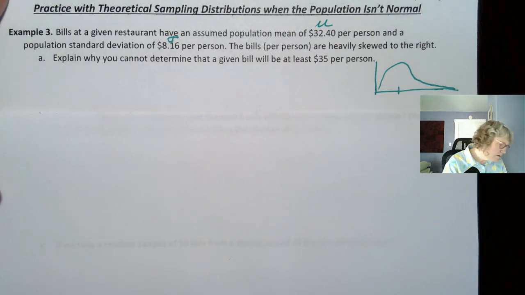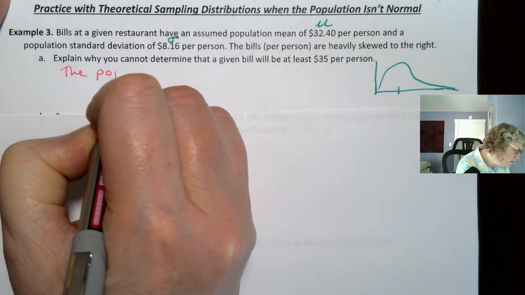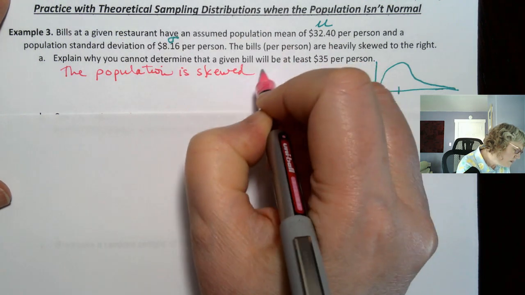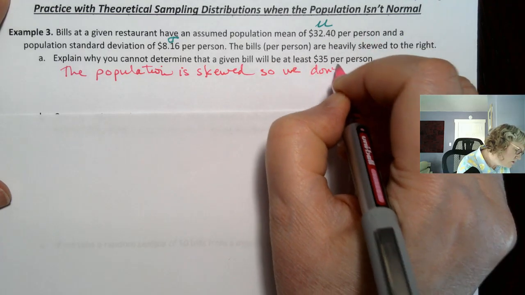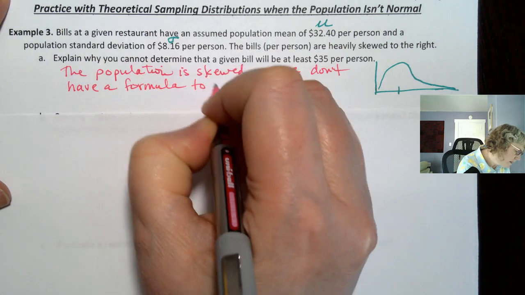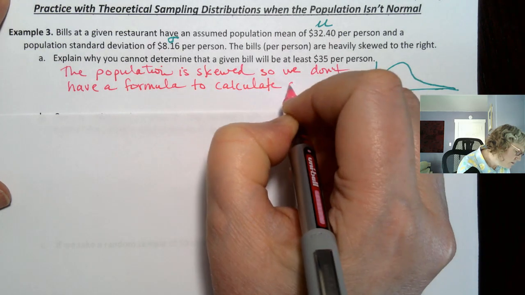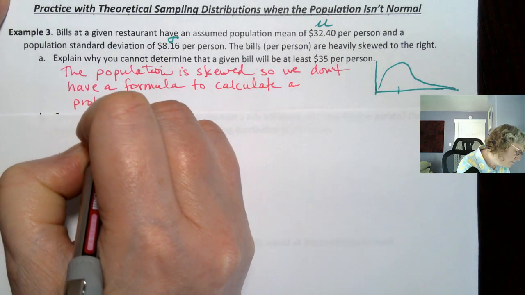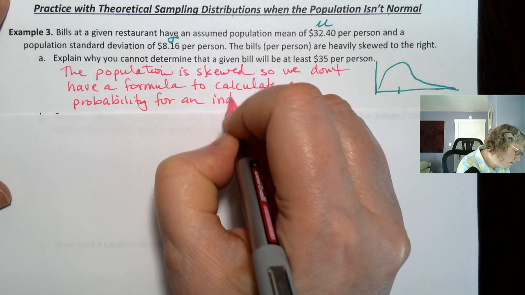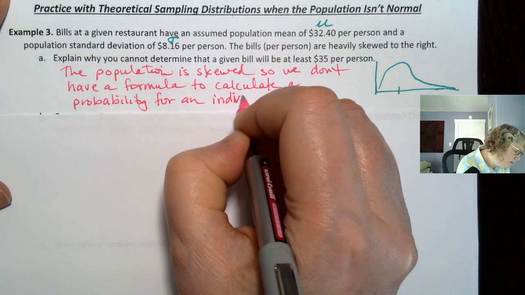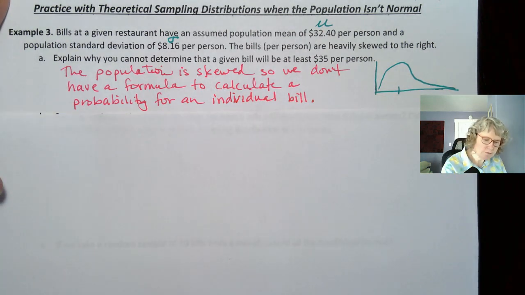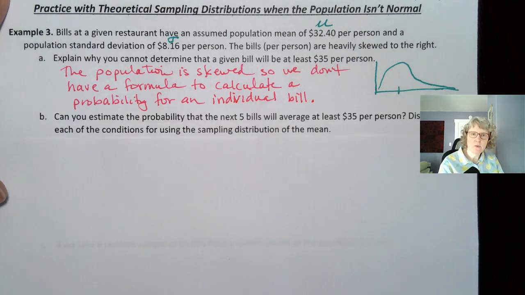So I'm going to say the population is skewed, so we don't have a formula to calculate a probability for an individual bill, or a single bill. There are other ways to say that, but that's one way.